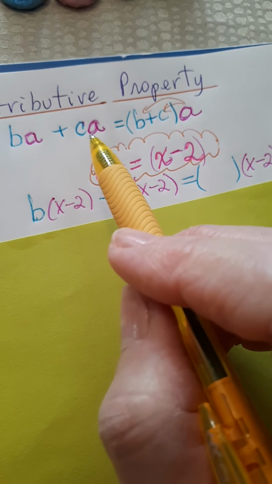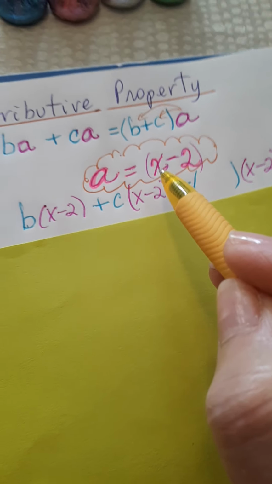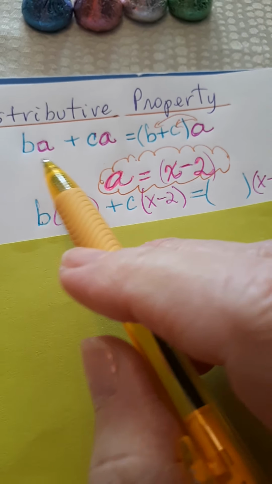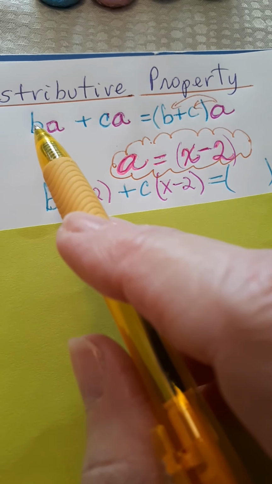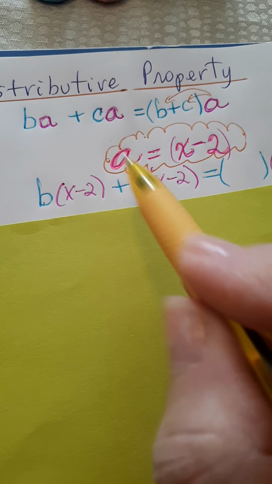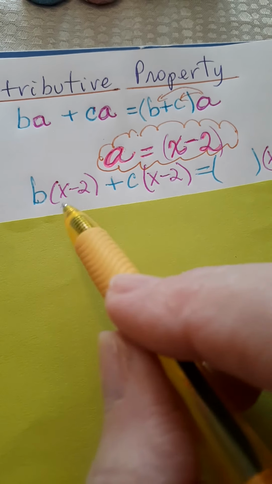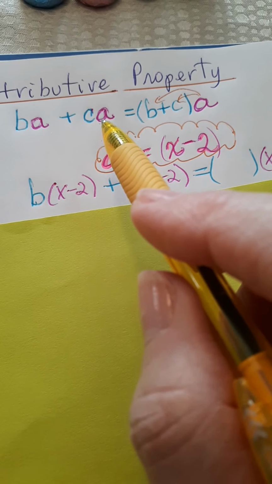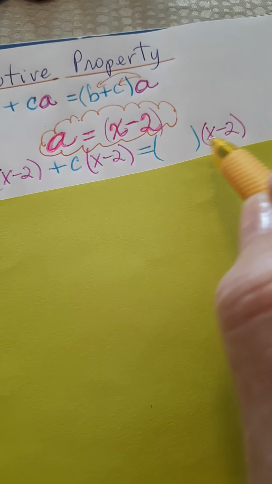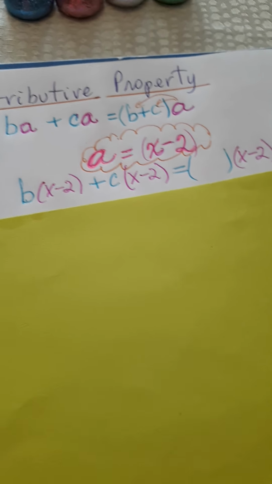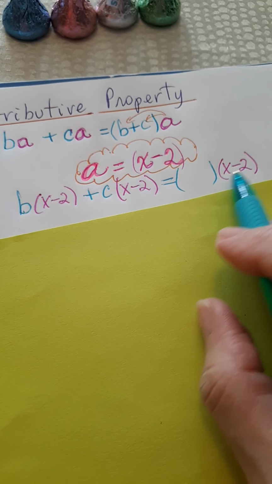If I substitute A by the binomial x minus 2, what will this look like? Well, it will look like B times x minus 2 plus C times x minus 2. So what should this addition look like when factored?